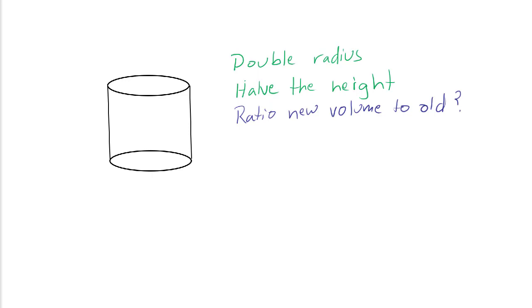Perhaps we have a cylinder, and they tell us we double the radius and halve the height. What's the ratio of the new volume to old? They don't even give us any numbers or dimensions for that cylinder. What do we know? We know the volume of a cylinder is going to equal the area of the base, which is a circle, so it's pi r squared, times the height, or the depth of that cylinder. Okay, so what are they telling us?